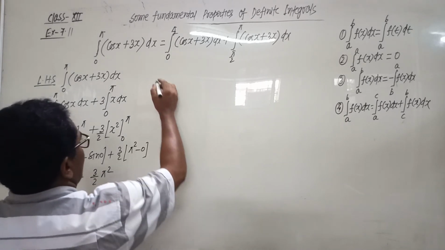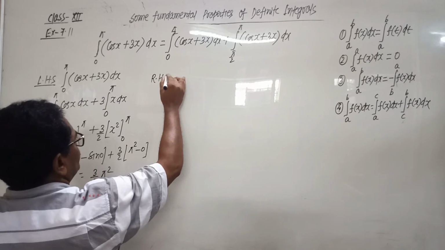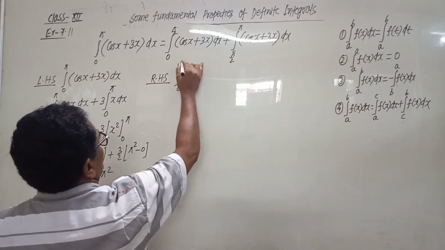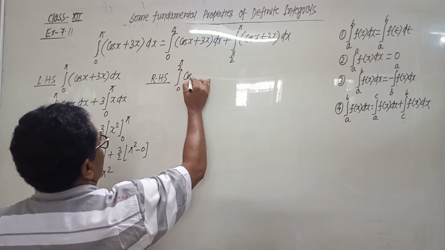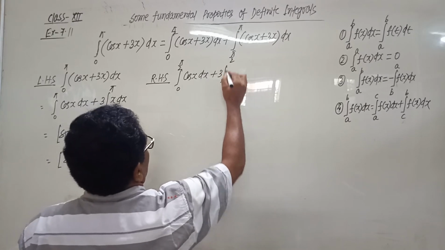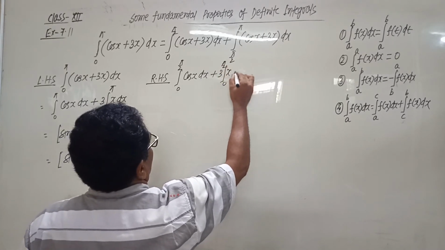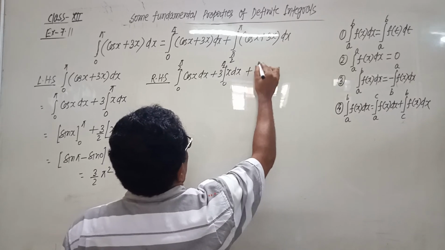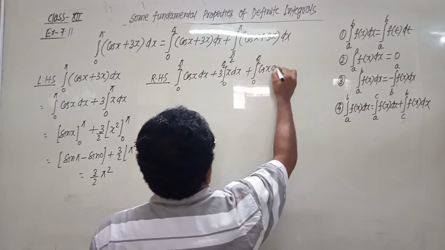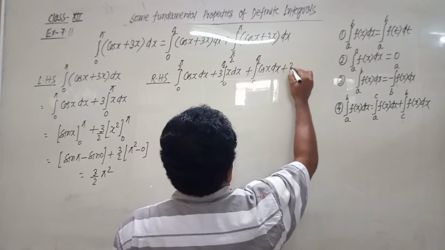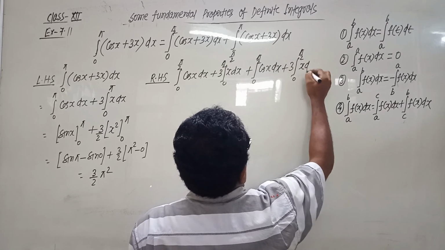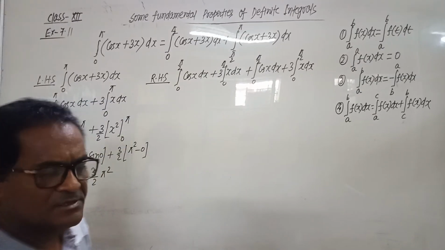Then we solve RHS. So this is integration 0 to pi by 2 cos x dx plus 3 taken outside, 0 to pi by 2 x dx, plus integration pi by 2 to pi cos x dx and plus 3 integration pi by 2 to pi x dx.